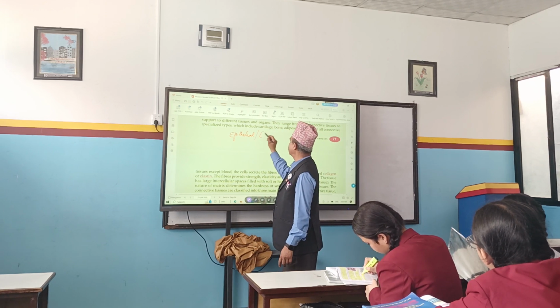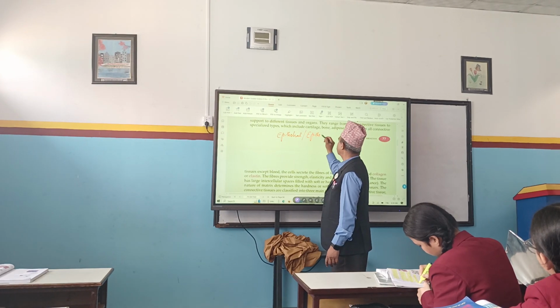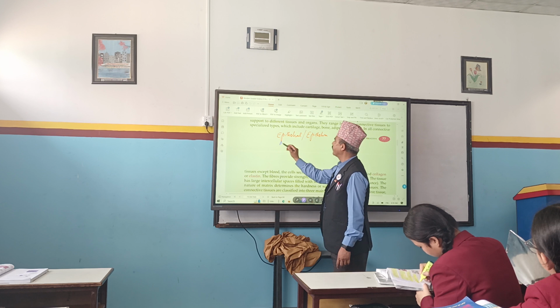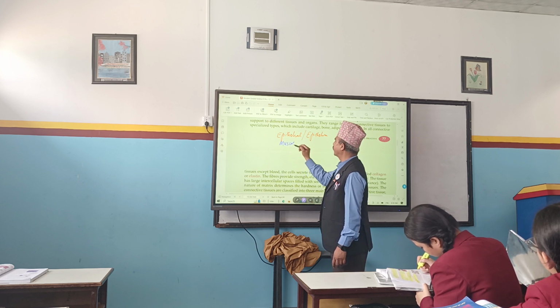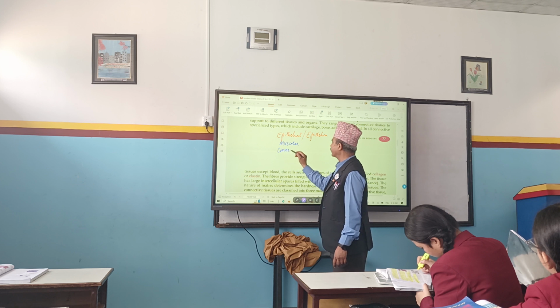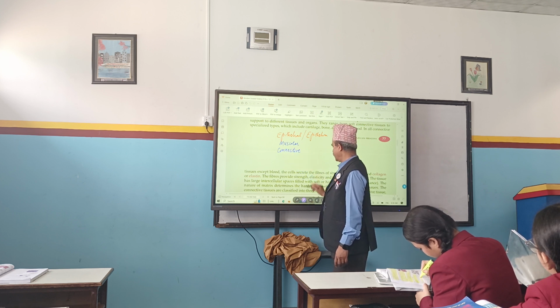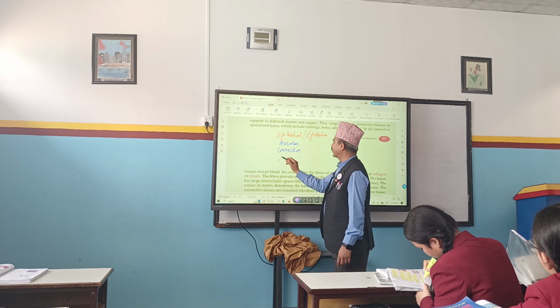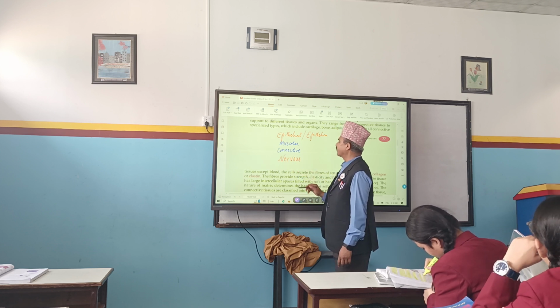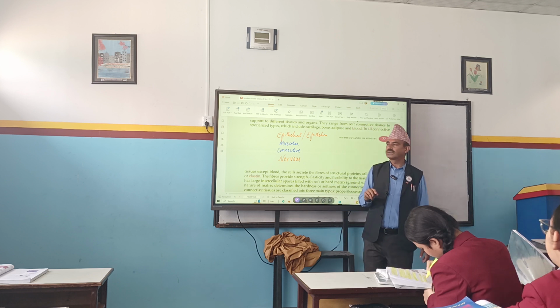Next one, muscular. Next one, connective. And next one, nervous. These are the four types of animal tissues.